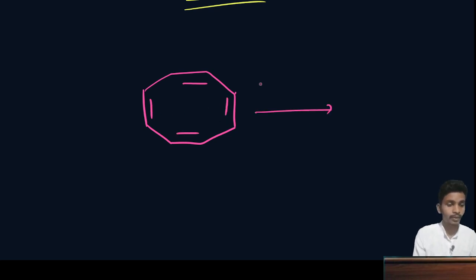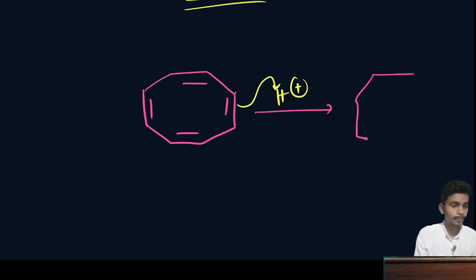Now if we add an acid, then this pi bond will attack, and it becomes this type of group.